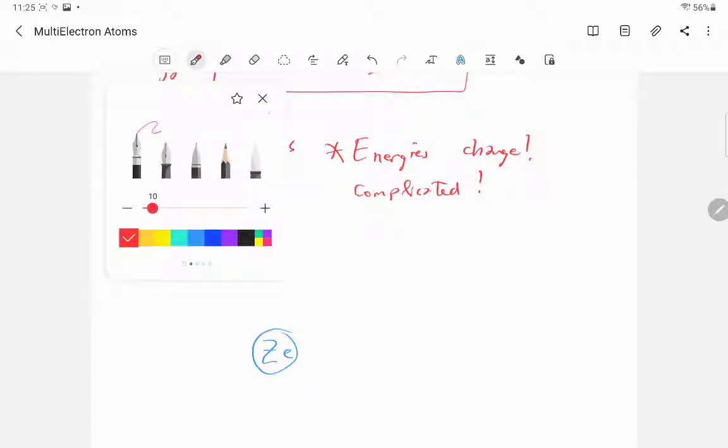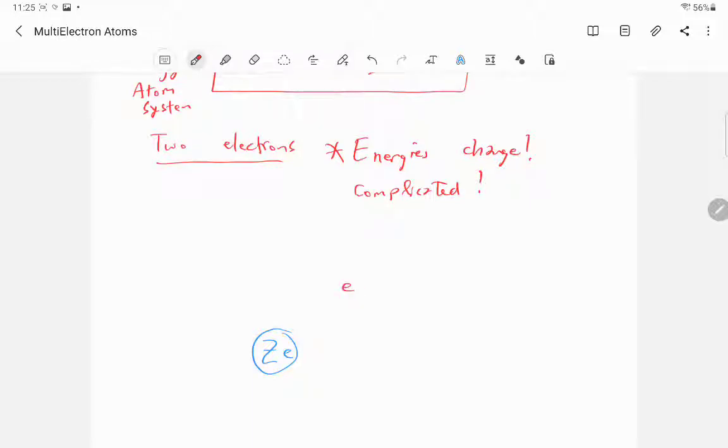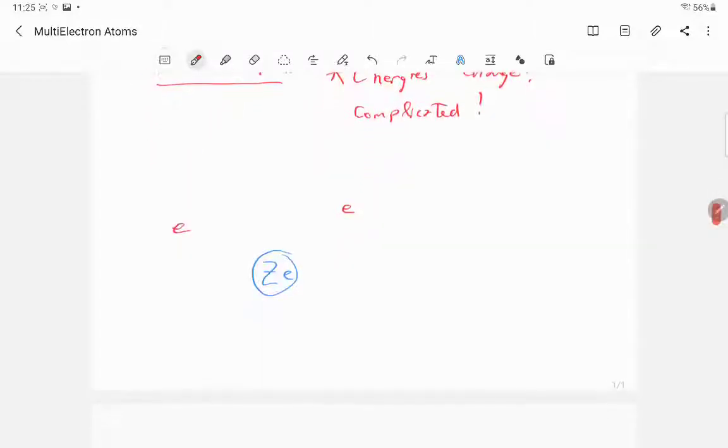But in order to assemble this atom, I need to imagine two electrons. So here's an electron and here's an electron. Here is something super interesting. As soon as I imagine adding the second electron, there is a new piece of physics. There's a new law that you have to learn how to obey.